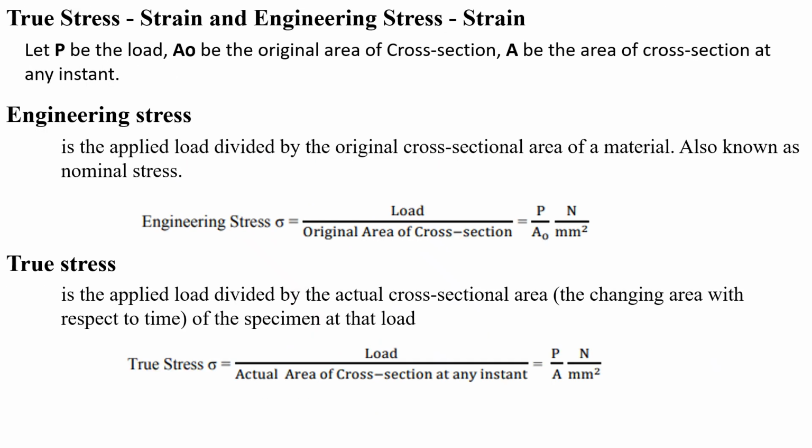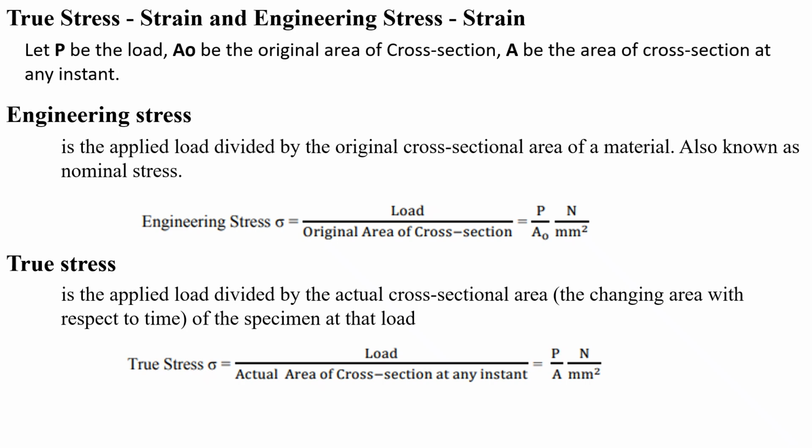Next we look at true stress-strain and engineering stress-strain. Let P be the load, A0 the original cross-sectional area, and A the area of cross section at any instant. So A0 is the initial original cross-sectional area and A is the instantaneous cross-sectional area of the specimen, and P is the applied load.